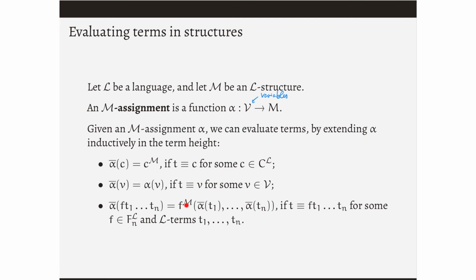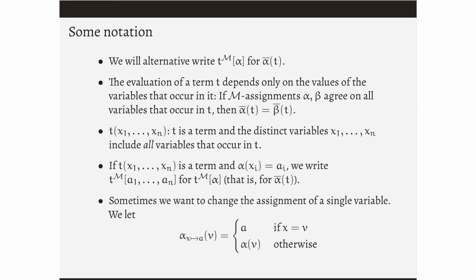This gives me again a value in M. At this point, it's probably good to fix some notation. So remember, alpha bar was our extension of an assignment alpha to all terms. So we will also write t^M[alpha] for the term t interpreted in the structure M, using the assignment alpha as our basis.